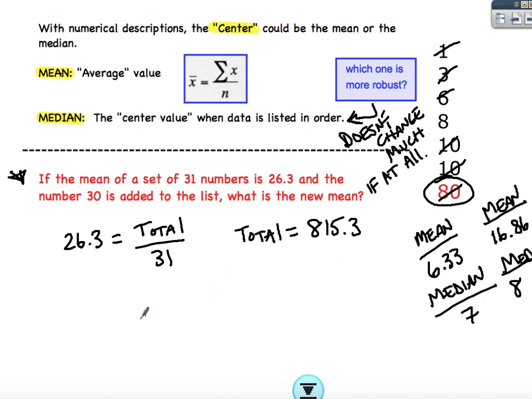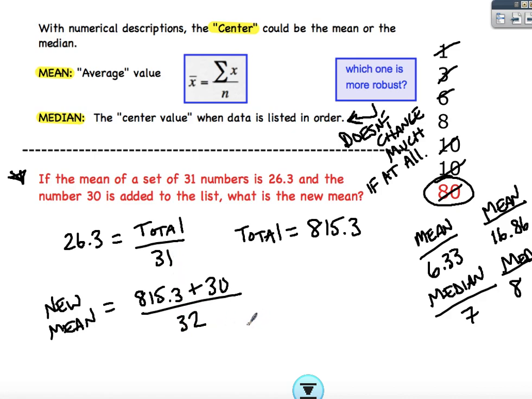Well, in order to get my new mean, I would take the total that used to be on the top, which I now figured out was 815.3, and I'm going to add the number 30 to that list. But now, just be careful, I don't have 31 numbers, I now have 32 numbers.